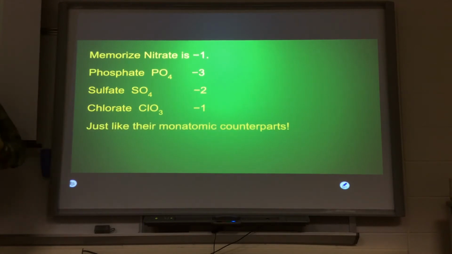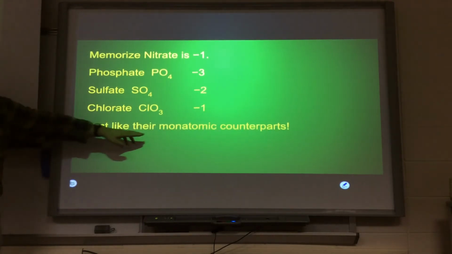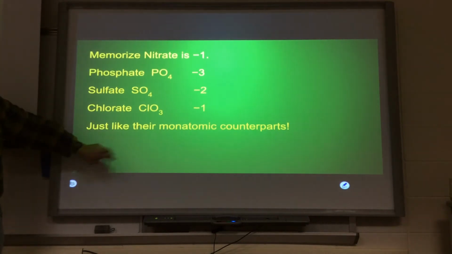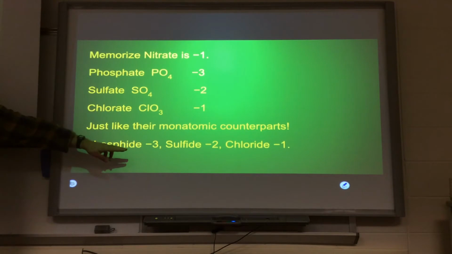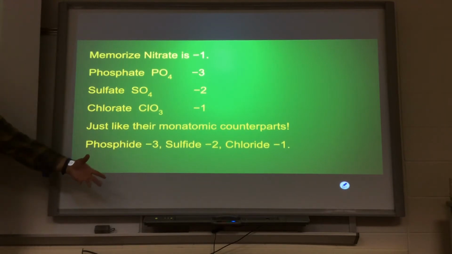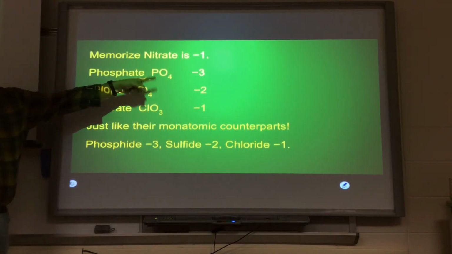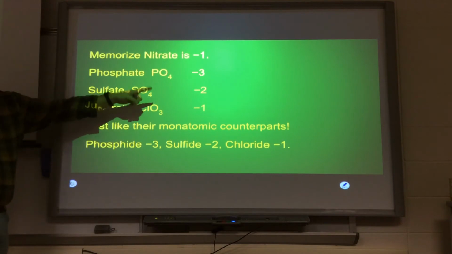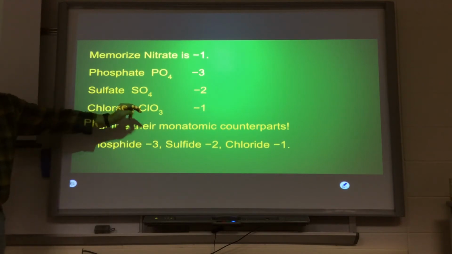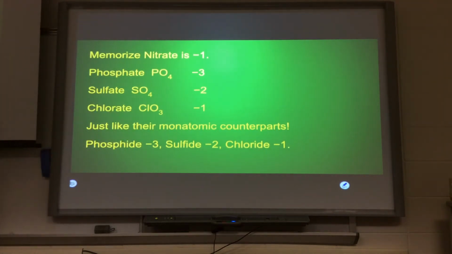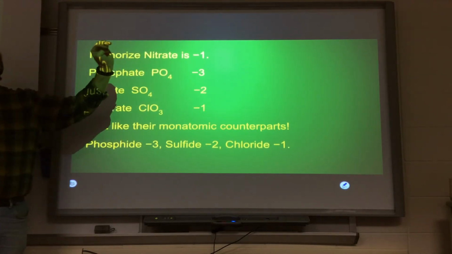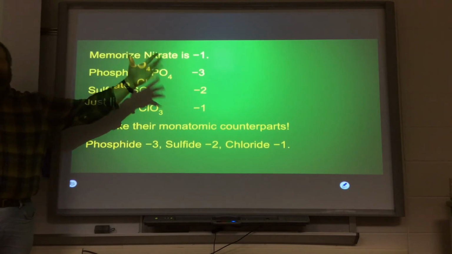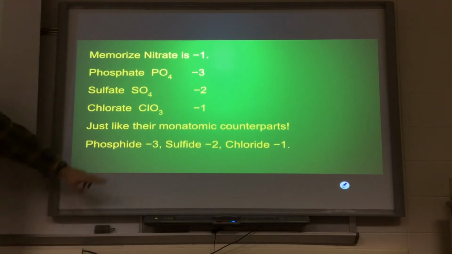They have the charges just like their monatomic, mono meaning 1, counterparts. So phosphide is a -3, sulfide is a -2, chloride is a -1, just like phosphate is a -3, like phosphide. Sulfate is a -2, like sulfide. Chlorate is a -1, like chloride. Nitrate doesn't work because nitride's a -3, so it's an exception. Those darn exceptions. But maybe that might help you.